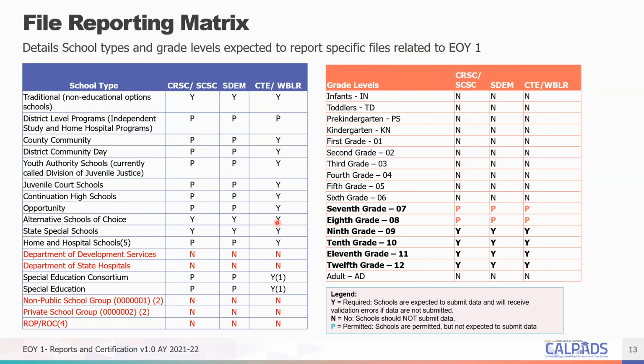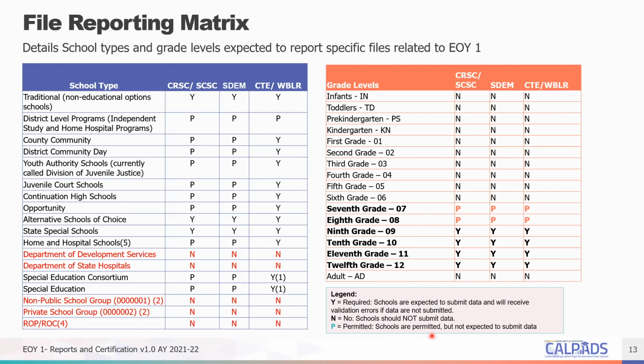So this is just a detailed table of what school types are expected to report end of year data and what grade levels in those school types. Okay, so I wouldn't delve more into this, but just so you know, this is a legend. P, sometimes we all have these questions about P. What does P mean?